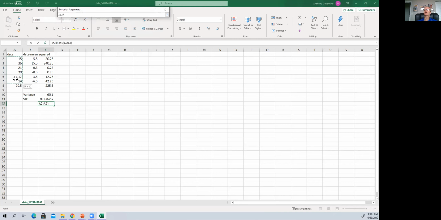We'll highlight that, hit OK, and you can see we get the exact same number. That's how I would do it, but it's important to understand the math behind it. If you wanted the variance, I would just calculate the standard deviation and then square that number to get the variance.